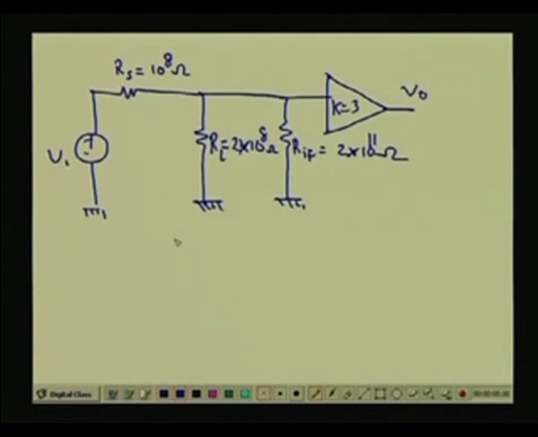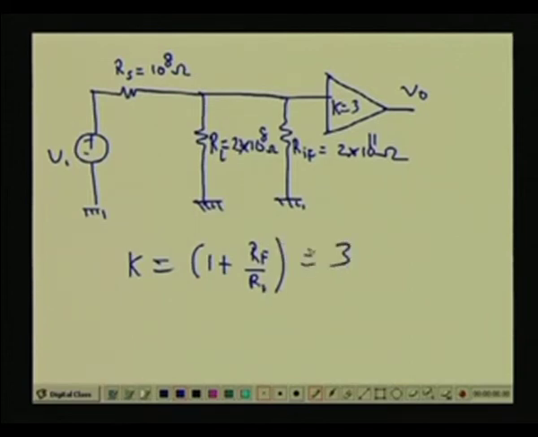RS is the resistance of the probe or the sensor, and RL is the leakage resistance. Now, the closed loop gain of the circuit is 1 plus Rf by R1, which gives you 3.